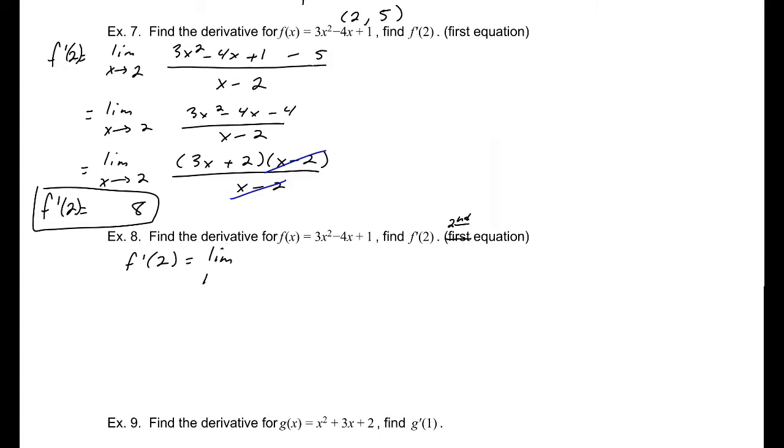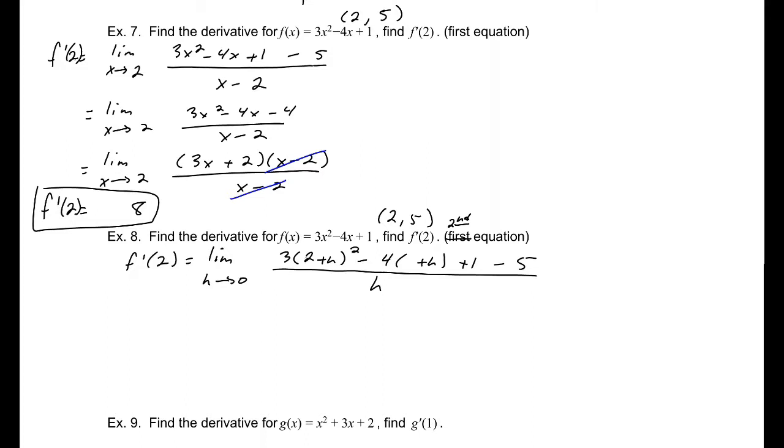Limit as h goes to 0 of 3 times a plus h squared minus 4 times a plus h plus 1 minus f of 2, which in this case we said was 5, so minus 5, over h. Oh, well, our value of a is 2, so actually let's replace that with a 2.